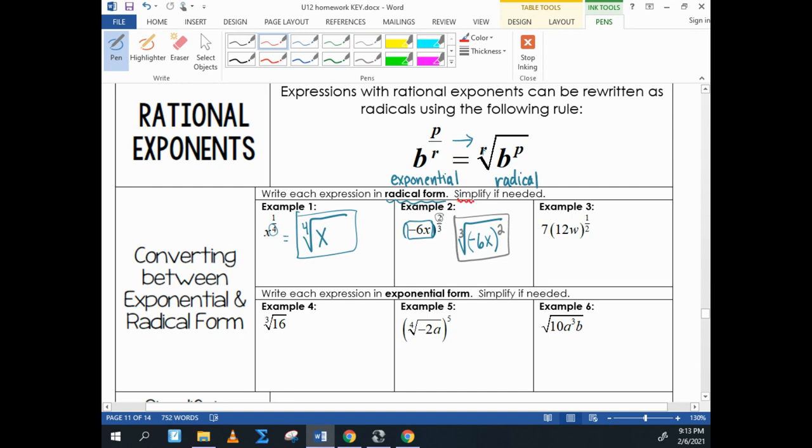Please note as well, we didn't talk about this, but simplify if needed. We should maybe do this. Let's simplify this. All right, let's go back here. We're going to erase this answer because it's not the answer if we simplify. So we can rewrite this. We'll leave that 3rd root out there, but can we square negative 6x?